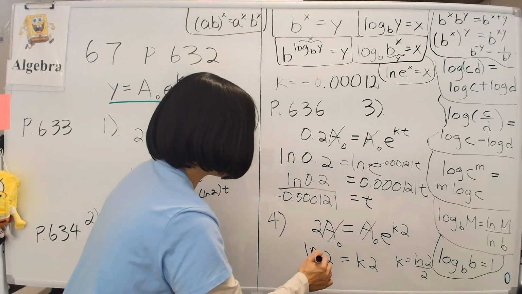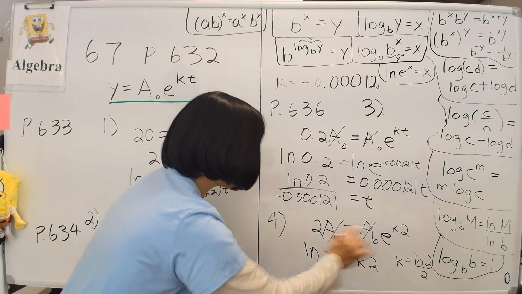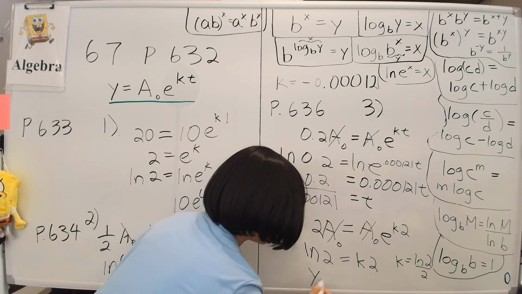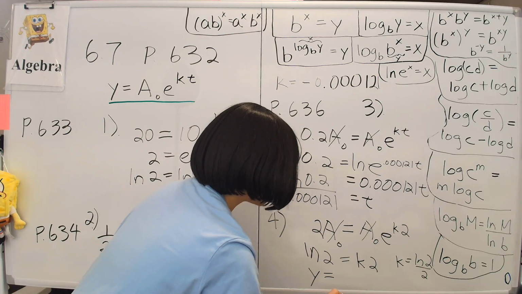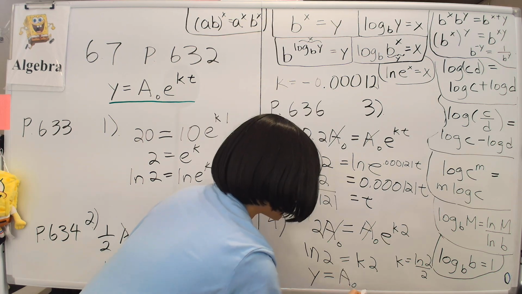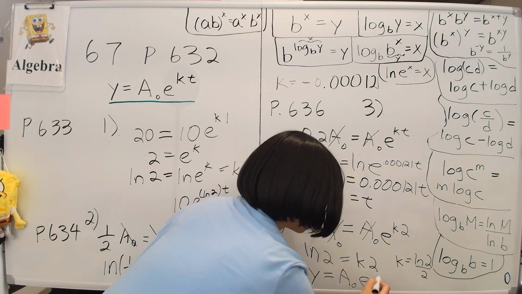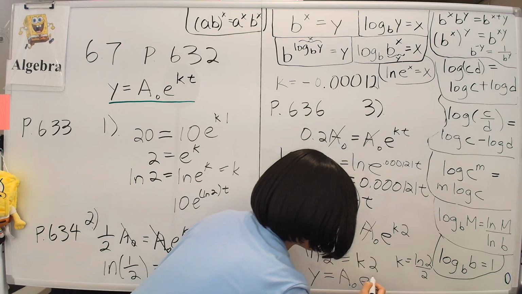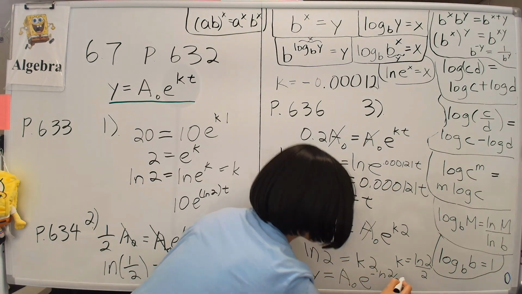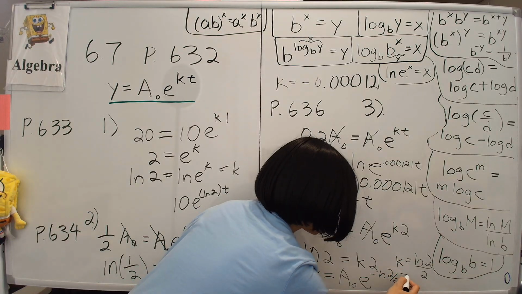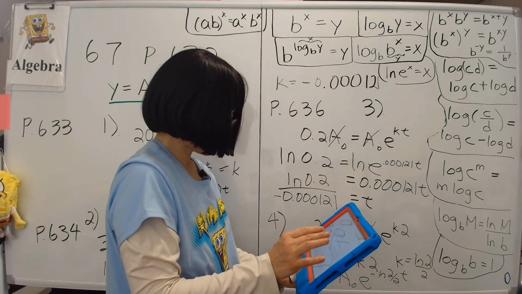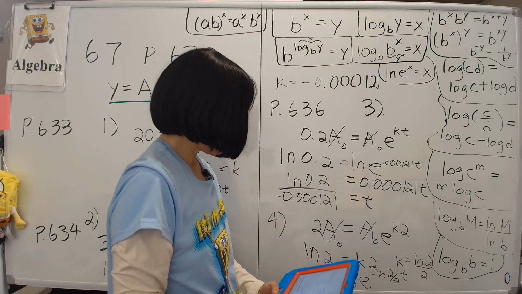The point is the function to describe this amount would be y equal to a0 times e to the power kt, k being ln 2 divided by 2, times t. That should be the function. Now let's see what the book says. Yeah, that is what it says.